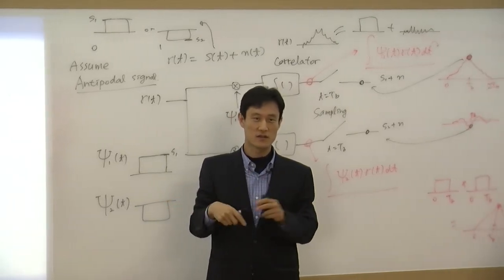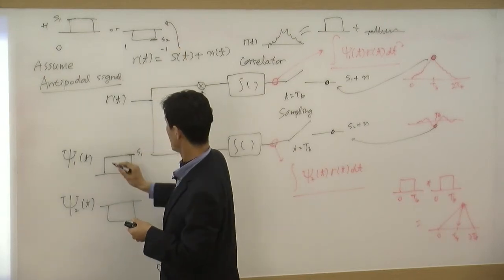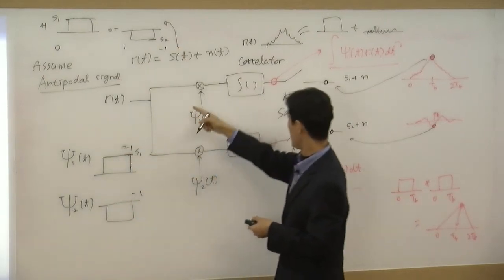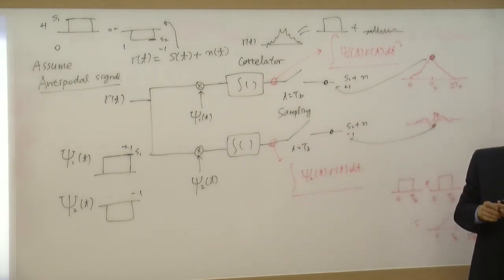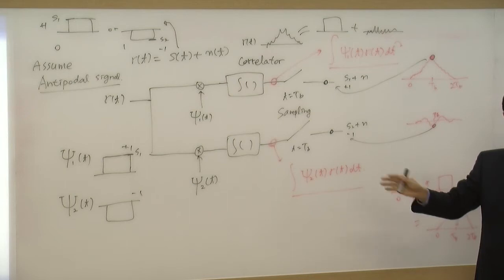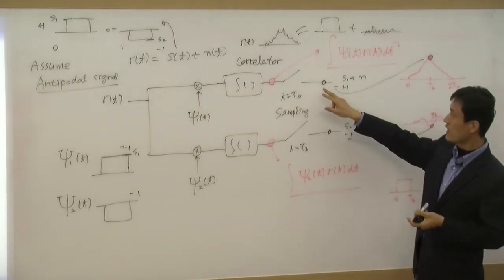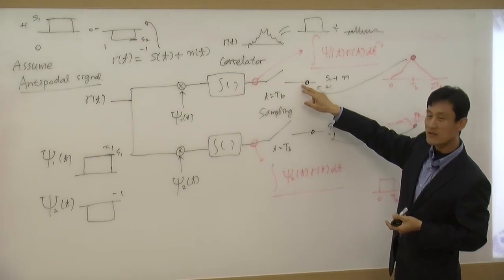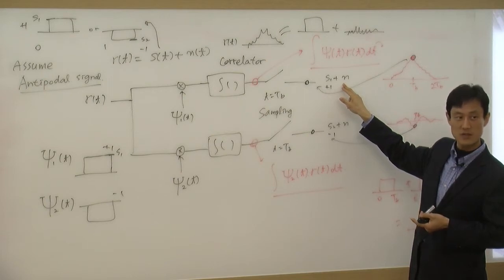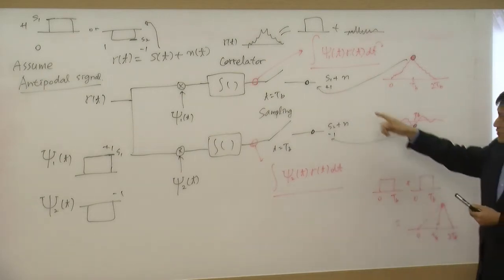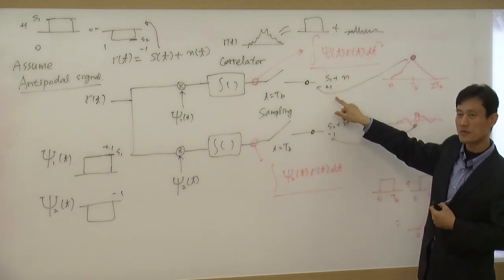If S2 is minus 1, then we have plus 1 and minus 1, and it's constant. Once you decide, it's constant for the whole system. It never changes. The reason that we have some random value here is because of the noise. So because of the noise, sometimes you're going to get 0.8, sometimes 1.2, something like this, right?